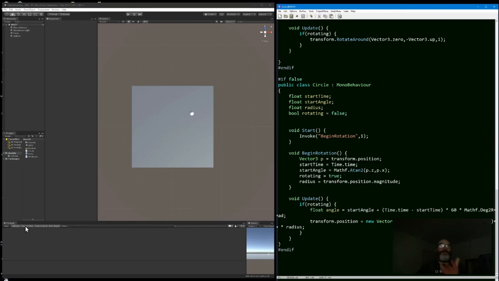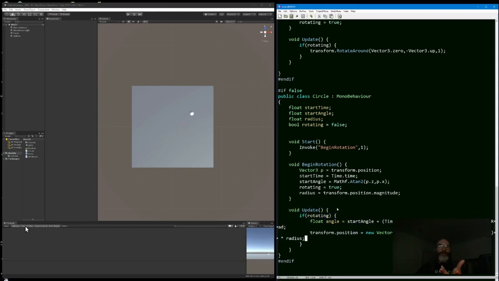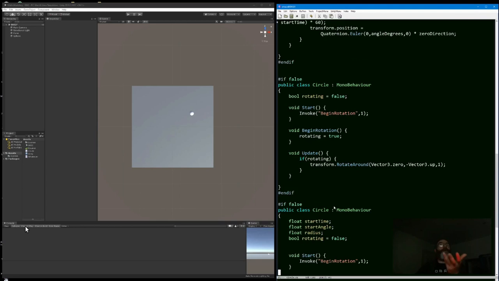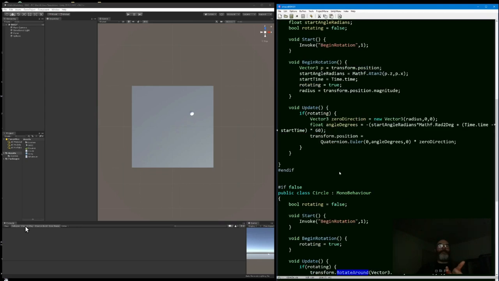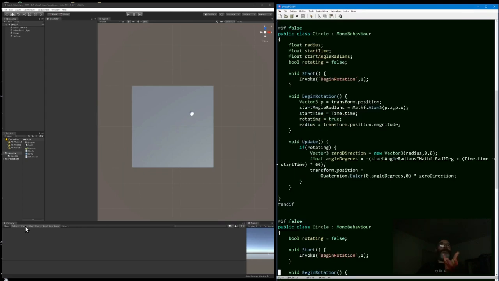You try to do it using the general tools that you have. Starting out with angles. Then I tried it by using Unity's API. Then I tried doing it by using quaternions and actually creating a rotation.